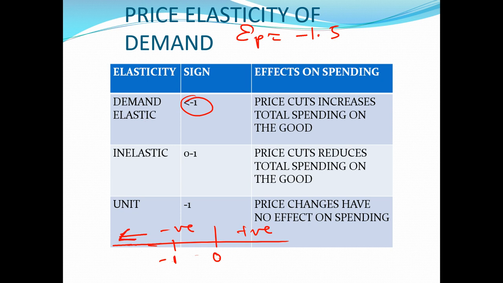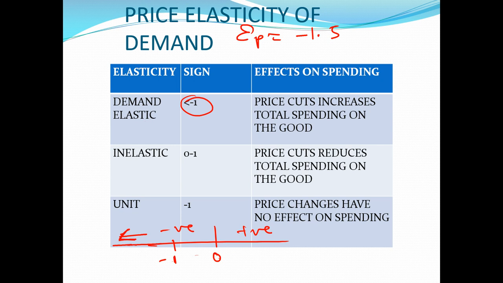Okay, and if demand is elastic, you reduce the price, you're going to increase the spending on the good. People will be buying more of this good. Why? Because demand is responding to the reduction in price by a higher margin. So you reduce the price, let's say by 1/4, you notice that the demand has increased because demand is elastic.